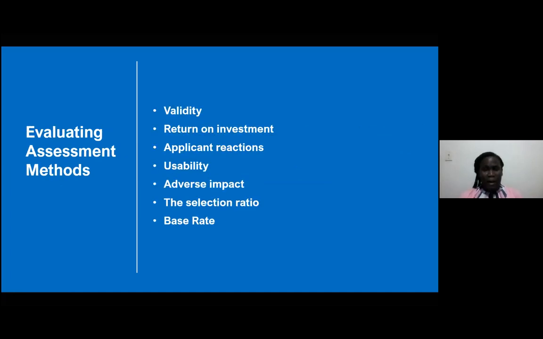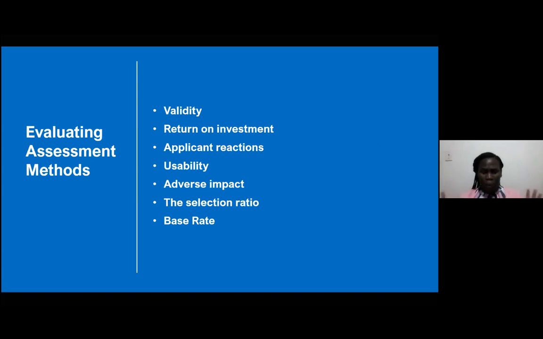So benchmarking can take the form of application rates, the average starting salaries, the average time to fill, and the average cost per hire. When we speak about evaluating assessment methods, we're looking at validity, return on investment, the applicant's reaction, usability, adverse impact, the selection ratio, and base rate.